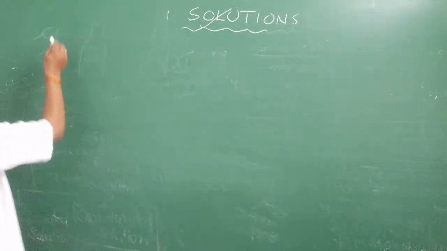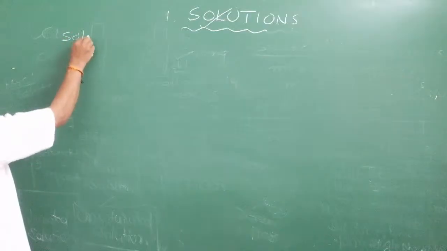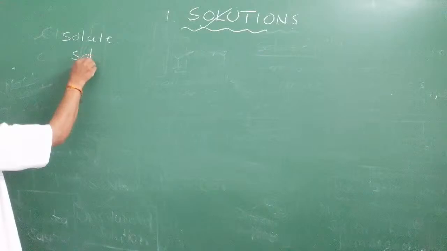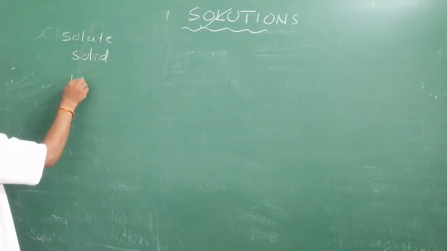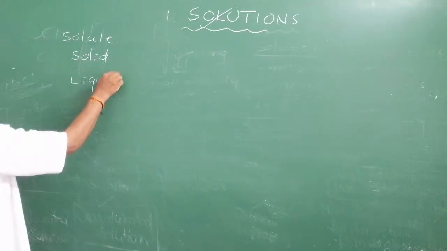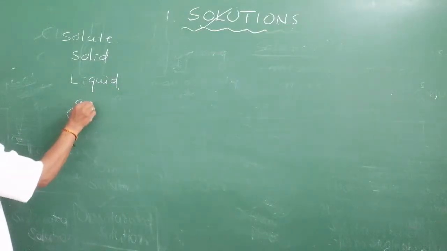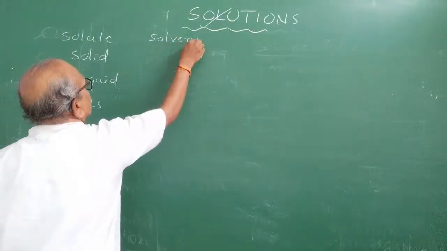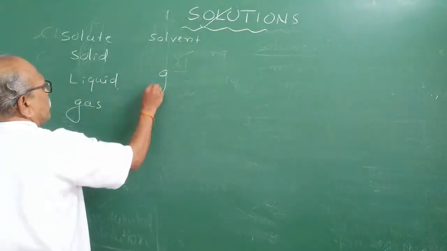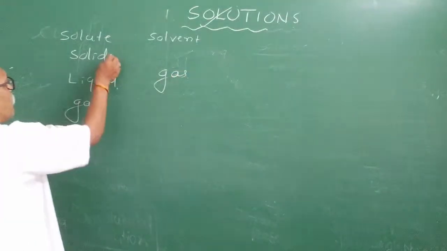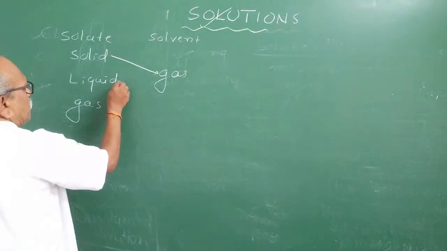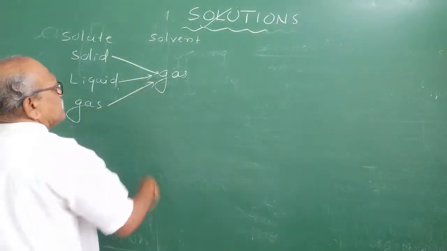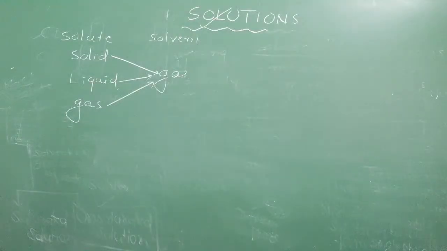Let me write here, if I take the solute, it may be solid, may be liquid, or may be gas. If the solvent is fixed, say if the solvent is gas, then solid in gas is one type of solution, liquid in gas is one type of solution, gas in gas is another type of solution, right?